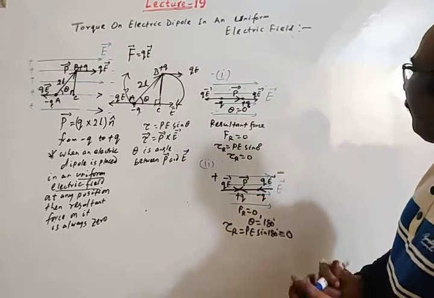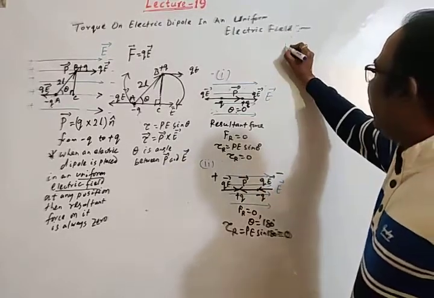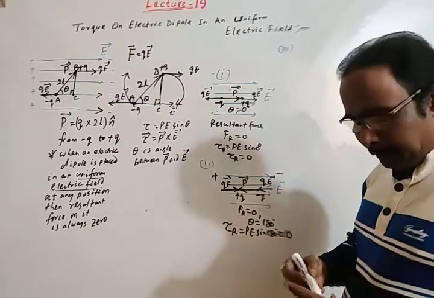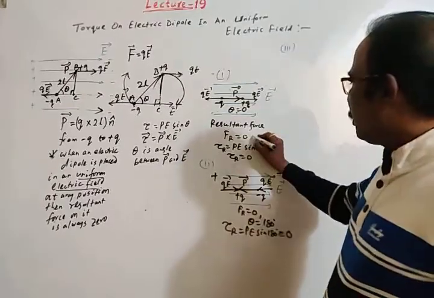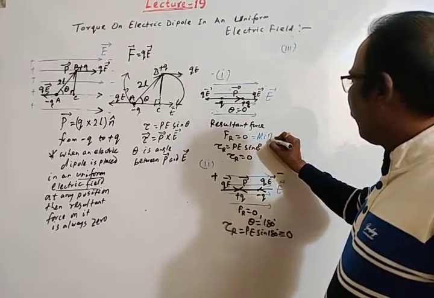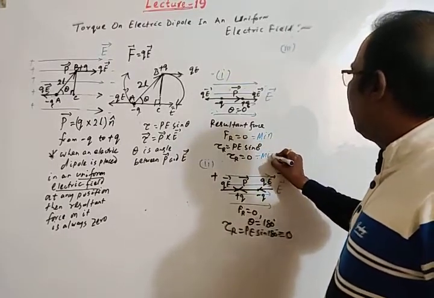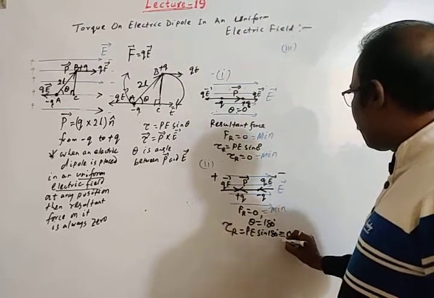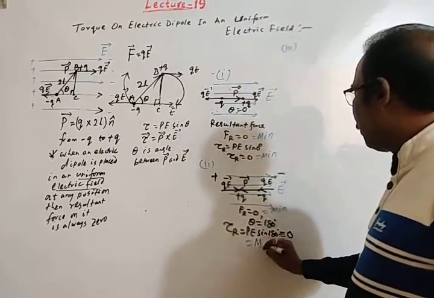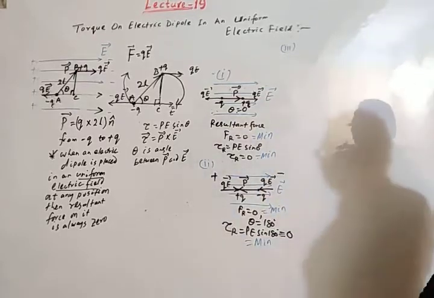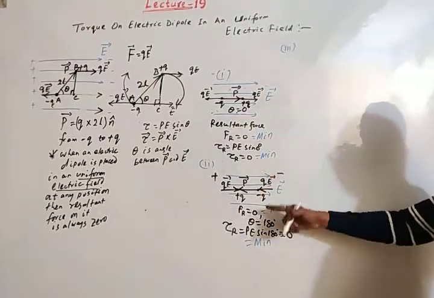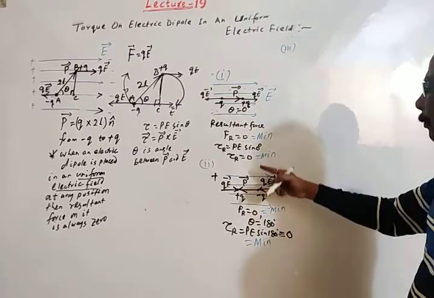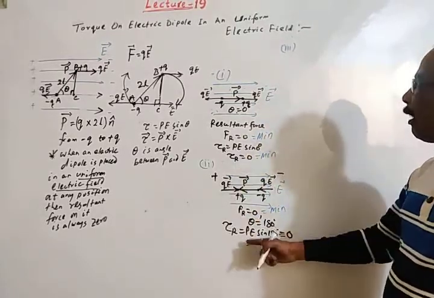You may write here, the torque is minimum, 0, and the force is minimum as well. So in both cases, whether the dipole is parallel or anti-parallel to the electric field, the torque is minimum.